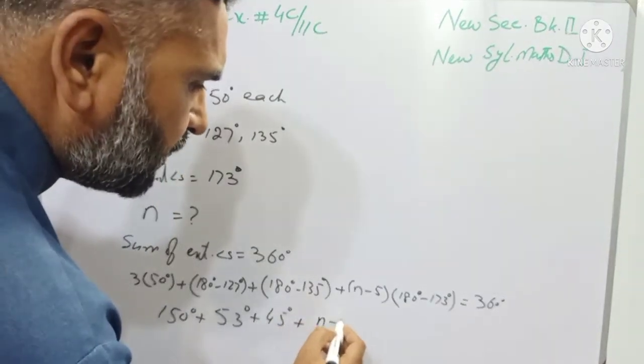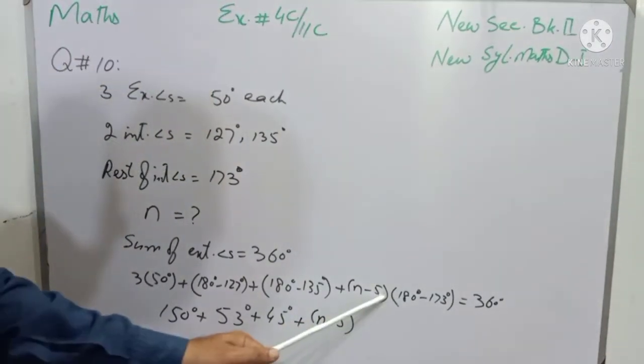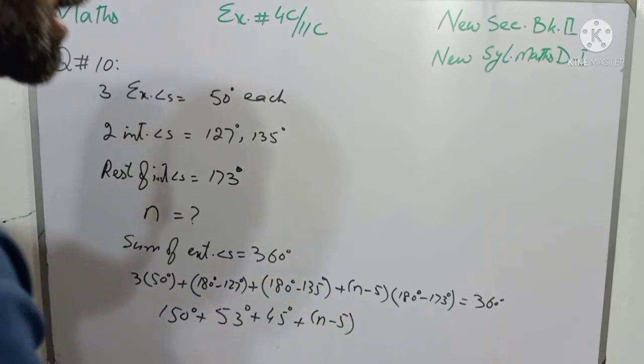Plus n minus 5 is written as it is, because these two terms are unlike terms.